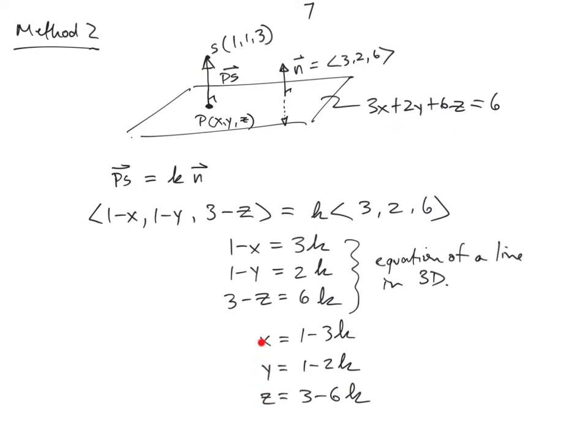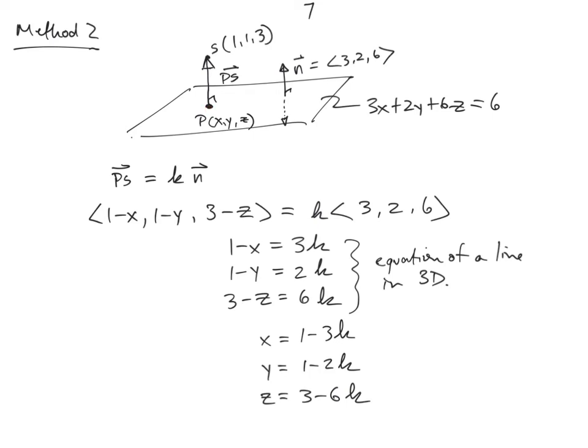And we've found here that because of this relationship we set up, x, y, and z have these values. Which means if I substitute these values into the plane equation, they have to satisfy the plane equation because x, y, z are the coordinates of this point, which I define to be on the plane.